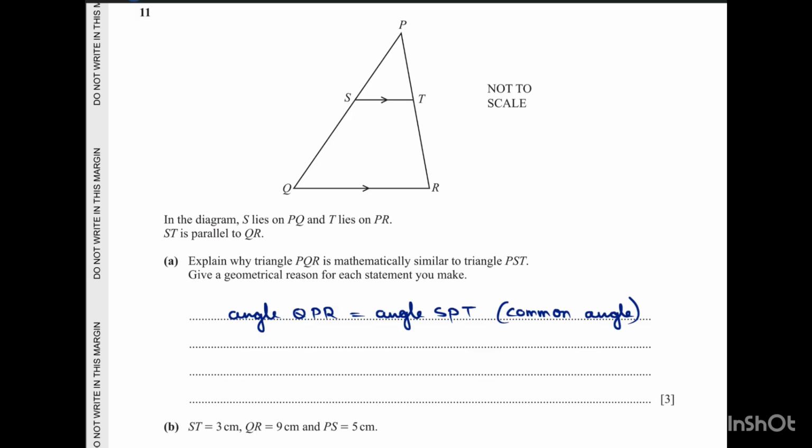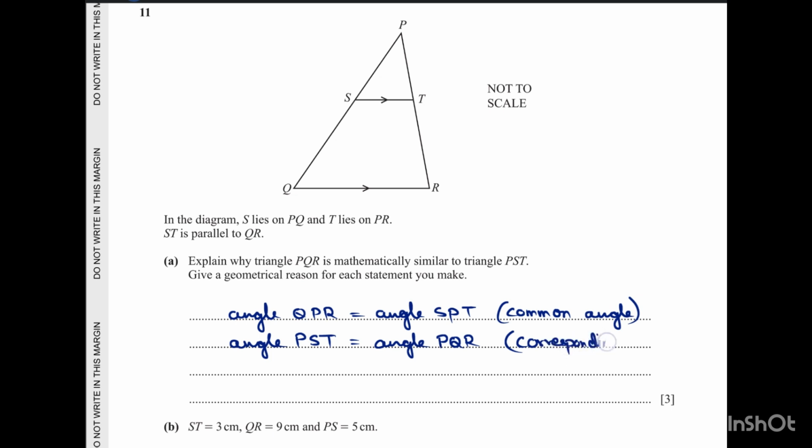Then angle PST is equal to angle PQR, corresponding angles, because these two lines are parallel, so these two angles will be equal because they are corresponding angles of parallel lines.